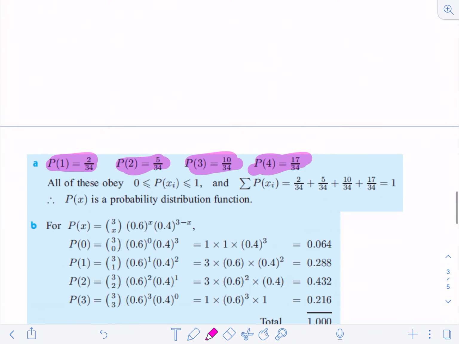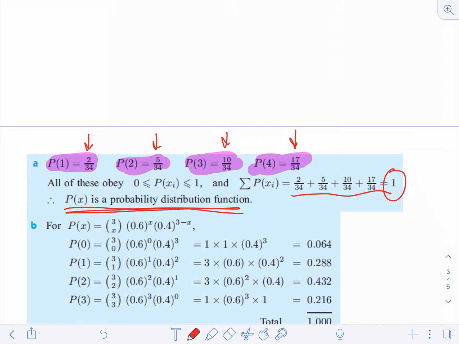I get, as it says, 2 34ths, 5 34ths, 10 34ths, and 17 34ths. When I add them all together, what do I get? I get 1. So because I get 1 when I add them all up, that means this is a probability distribution function. If they didn't equal 1 when I added them up, then it's not a probability distribution function. It's just some other regular function. But in this case, it is a probability distribution function.